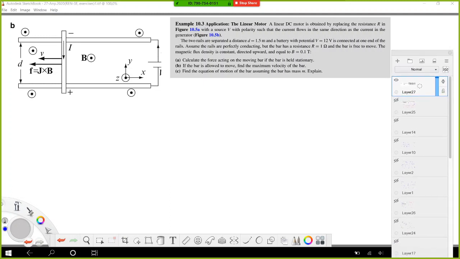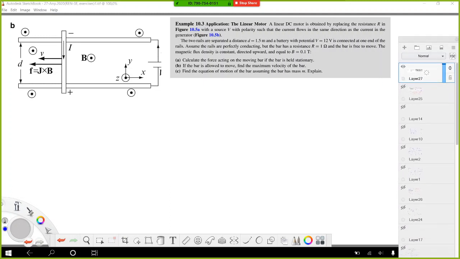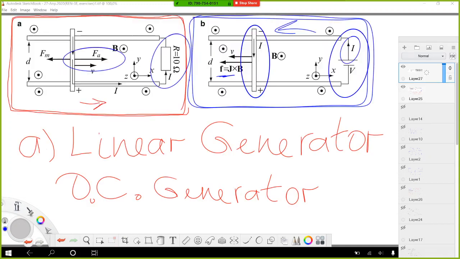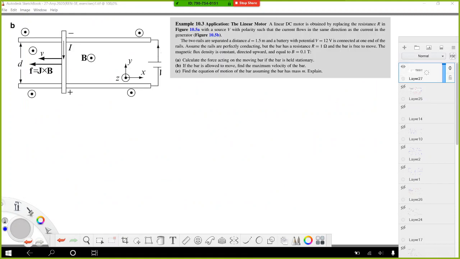So let's read the text of the problem. A linear DC motor is obtained by replacing the resistance R in figure 10a, in this figure, resistance R, with a source V with polarity such that the current flows in the same direction as the current in the generator.